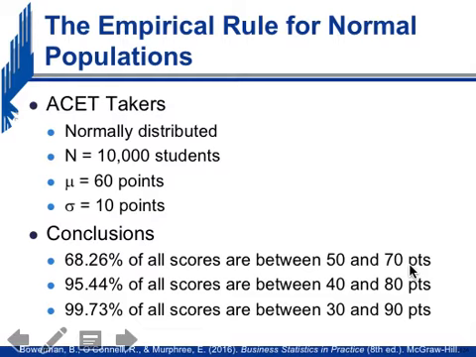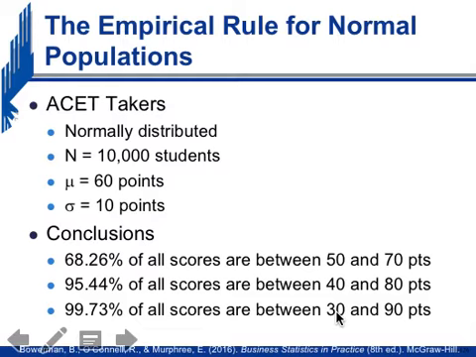Now, the interval 2 standard deviations from the mean is 40 to 80. That's 2 times 10 added and subtracted to the mean of 60, giving you 40 and 80. So 95.44% of all the scores of ASET takers are between 40 and 80, or around 9,544 students have scores between 40 and 80.